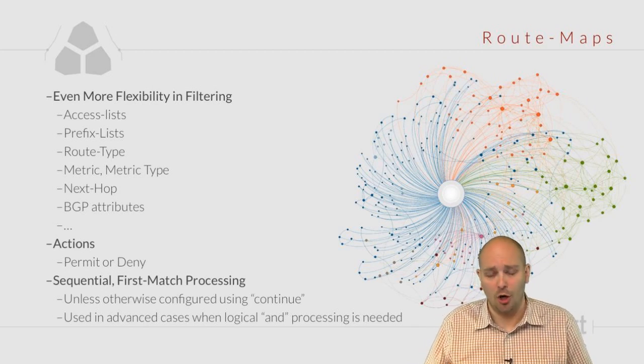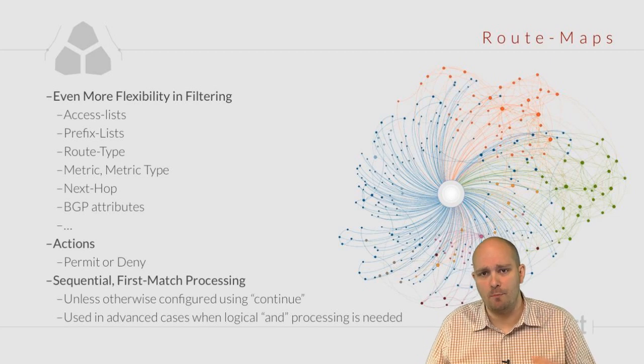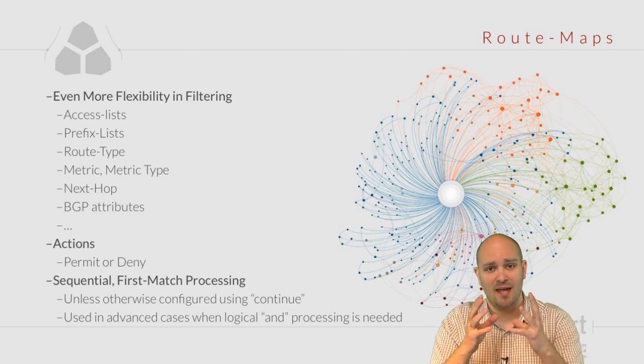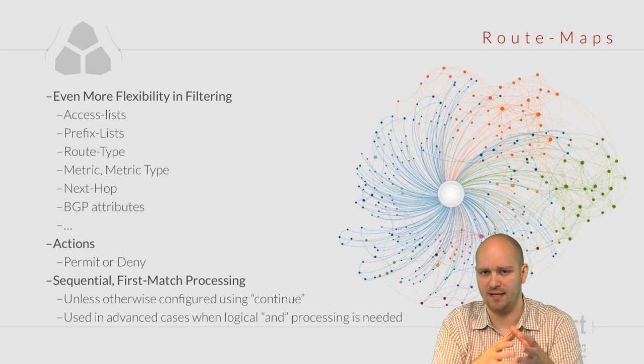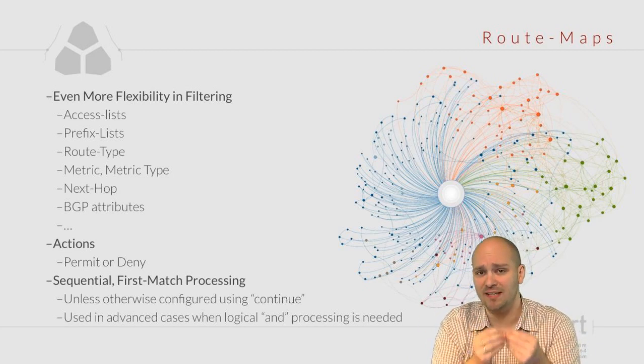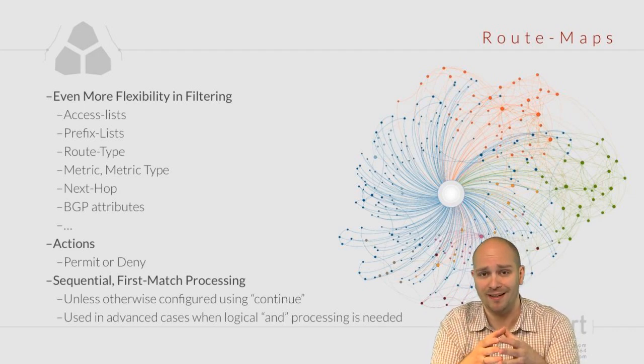What route maps do though, and prefix lists as well, is first match processing. That means if the route map entry, whatever is the match criteria inside the route map entry, is satisfied, the route map processing ends and the action permit or deny will be taken.